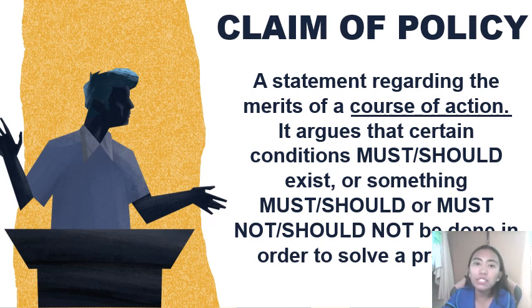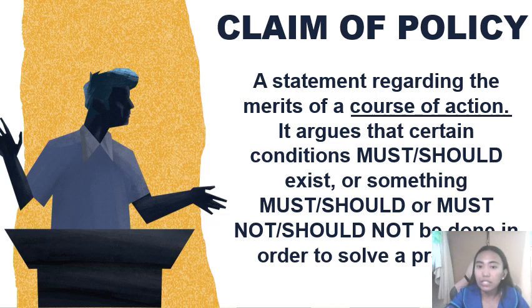What makes claim of policy arguable is that even though people may not be totally certain about the proper course of action, or the solution on how to solve that problem, they must still act. Okay po. To support your claim of policy, you must first convince the audience that a problem really exists, and then prove to your reader that your policy will solve it or will fix it.